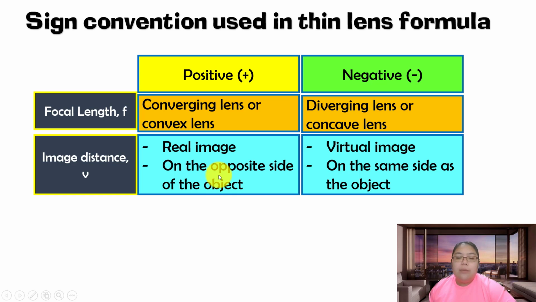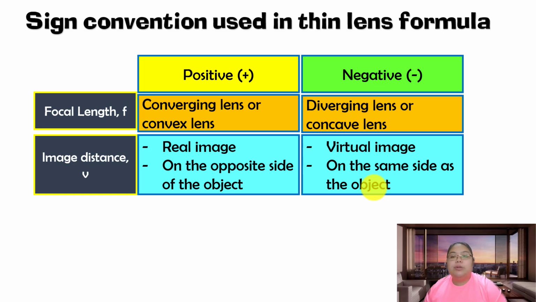This one we call a real image. When you get a virtual image, for example when u is less than f, the answer should be negative. Negative means the same side as the object. That means if the object is on the left hand side, your image is also on the left hand side. That one we call a virtual image.